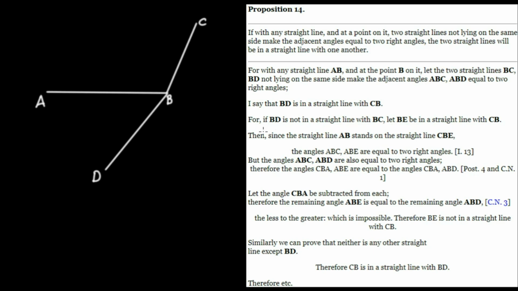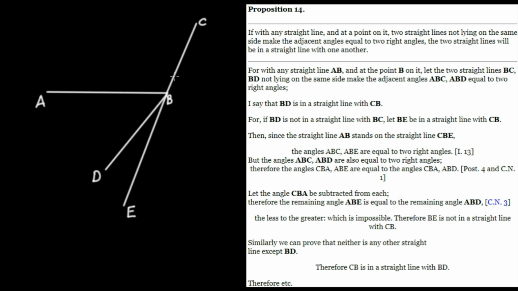Next, he says, for if BD is not in the straight line with BC, that's our supposition, which we attempt to show implies an absurdity, let BE be in a straight line with CB. So all we're going to do is extend CB in a straight line, and we'll call this point over here E. So that's what he means.